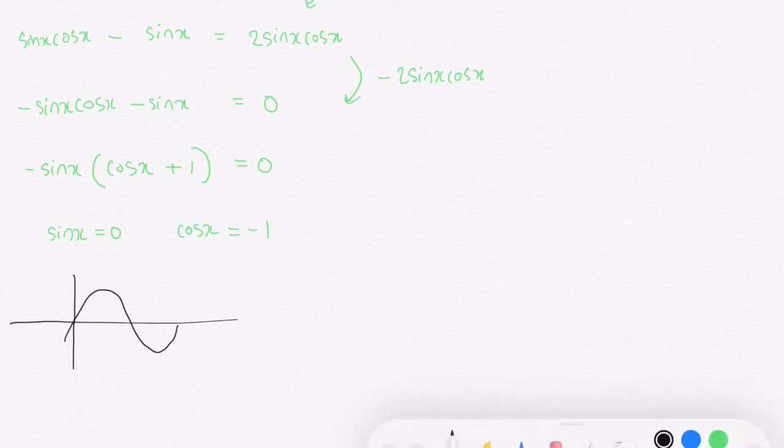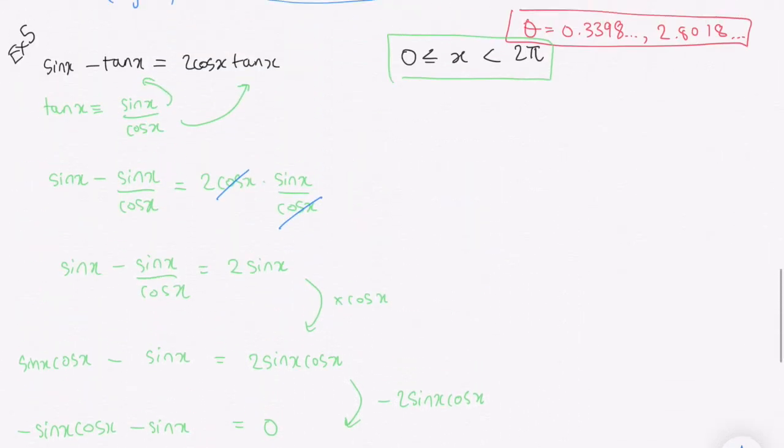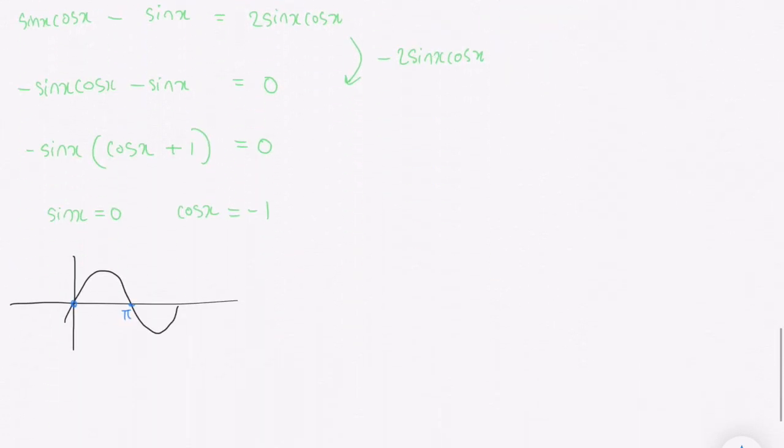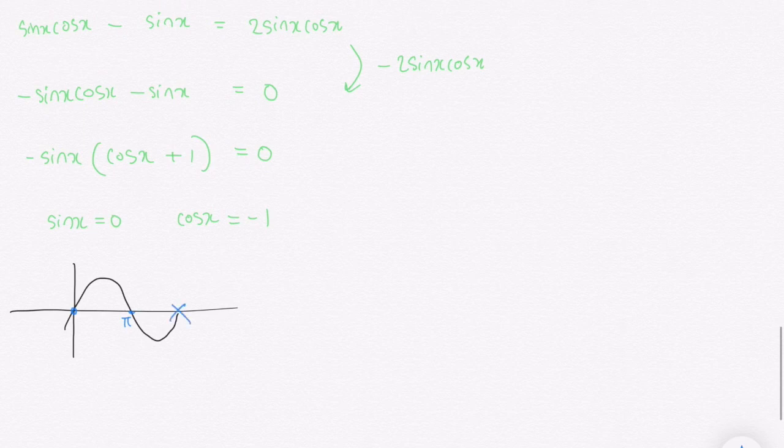Well, it is equal to 0 when x is 0. It is equal to 0 when x is pi. And notice we weren't including 2 pi here. This was a strict inequality. So we are not going to include this point. So our first two values of x are 0 and pi.